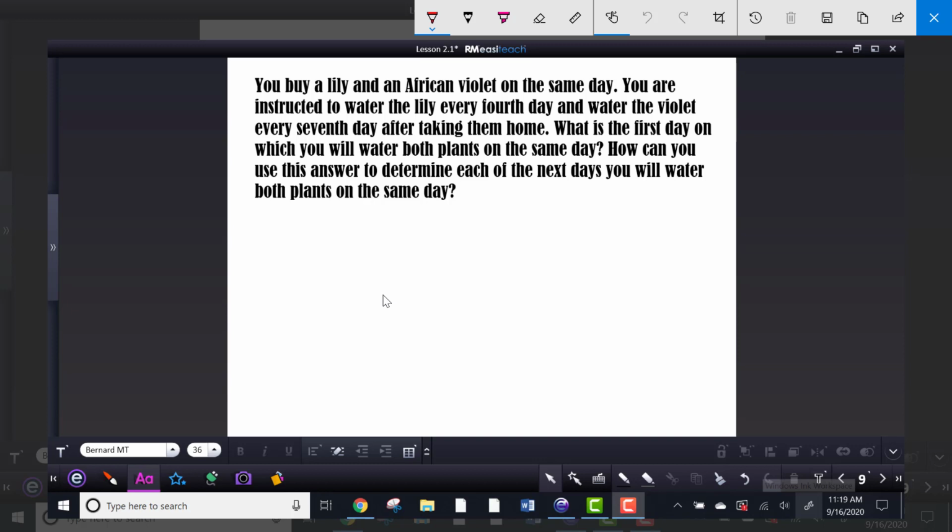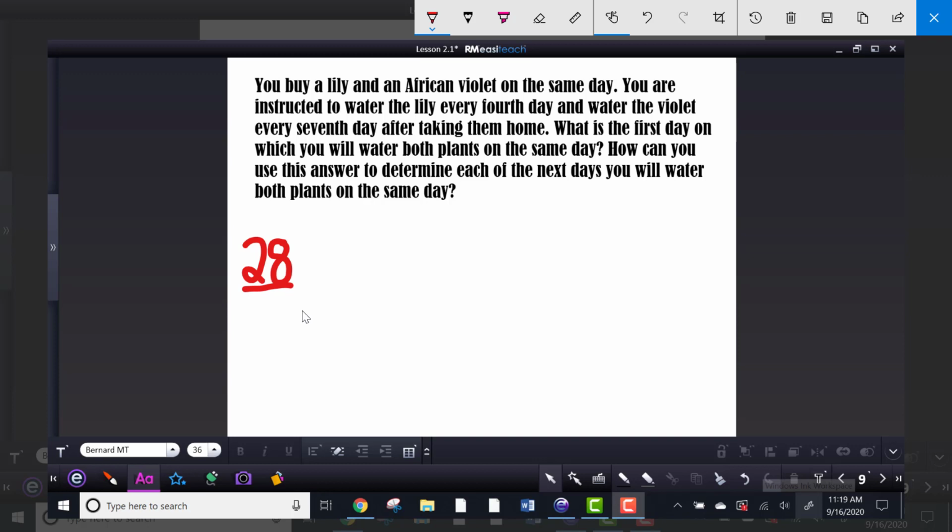We went over this already on how to do it. It's going to be 28. So 28 is the LCM of 4 and 7. That will usually answer the first question, what is the first day. So the first day will be the 28th day, or day 28.